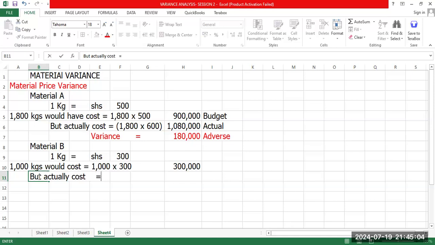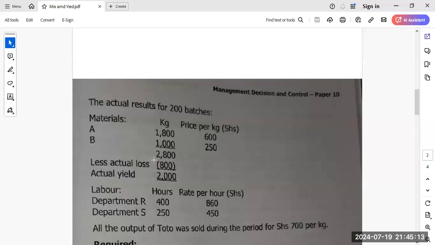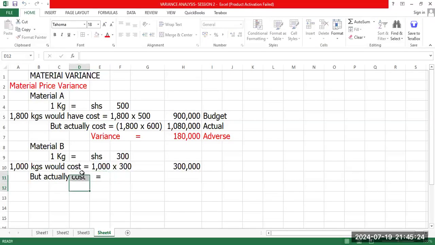But actually cost how much? Based on our information, actually cost, we get 1,000 times 250, which is equal to 250,000.